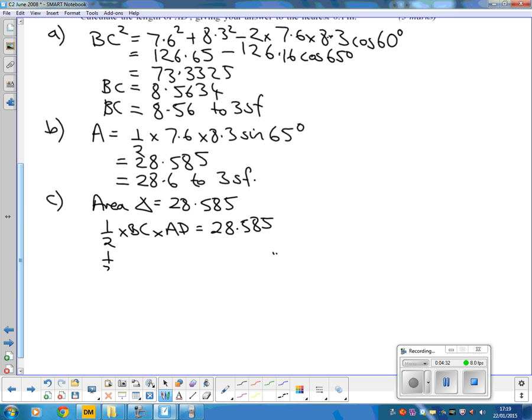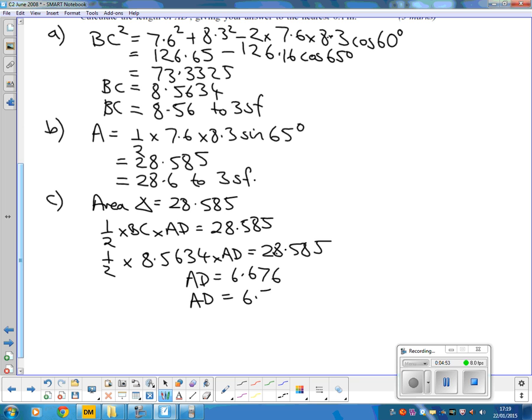So a half times 8.5634 times AD equals 28.585, and that gives us that AD equals 6.676, and it said to the nearest 0.1 metre, so that's 6.7 metres to the nearest 0.1 metre.